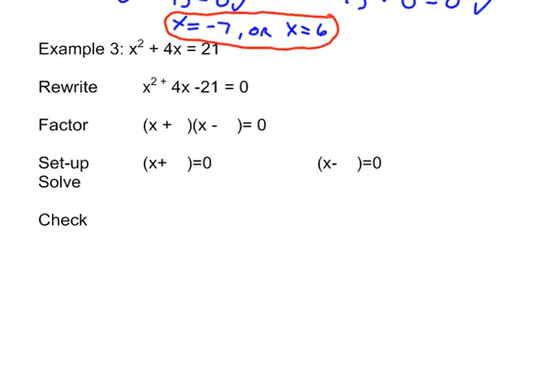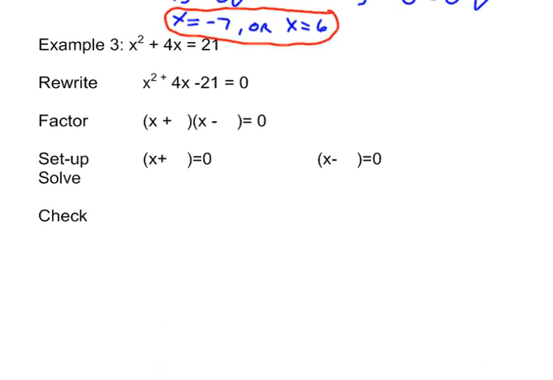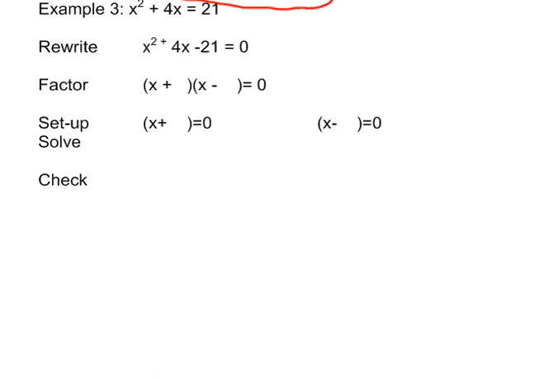Now I've got x squared plus 4x equals 21. Now this is not set up as anything equals to 0, but we can. We can get rid of this 21 to the other side and leave 0 over here by simply subtracting 21. So that's what we did.